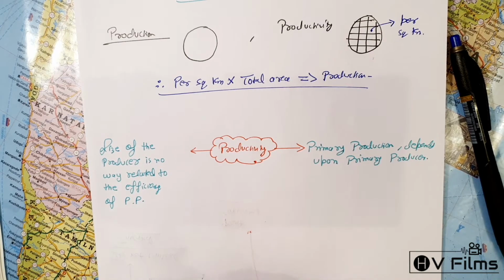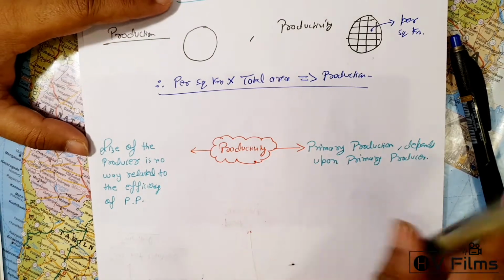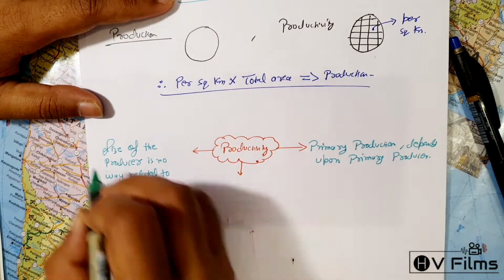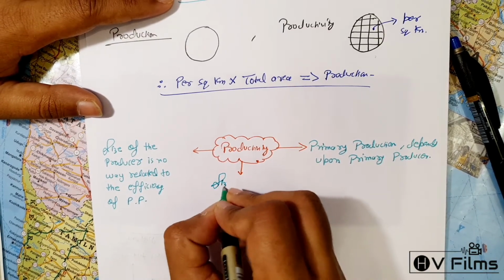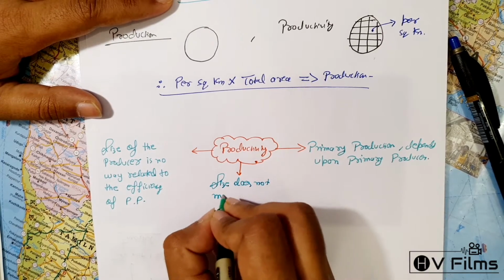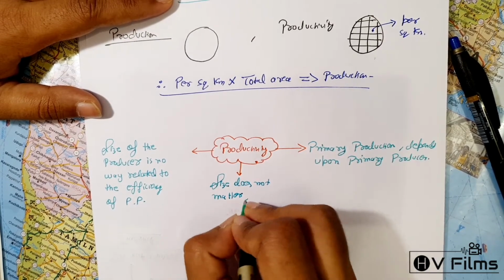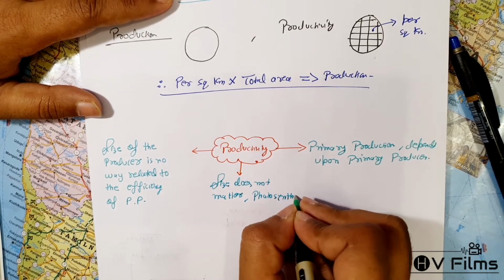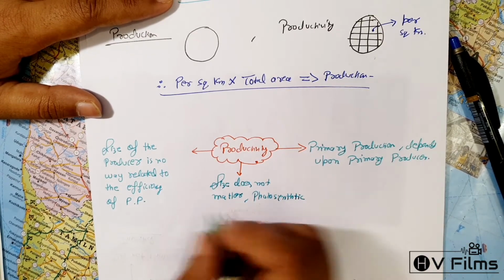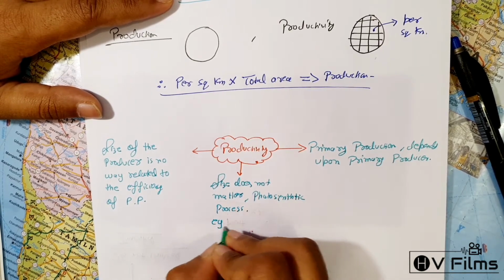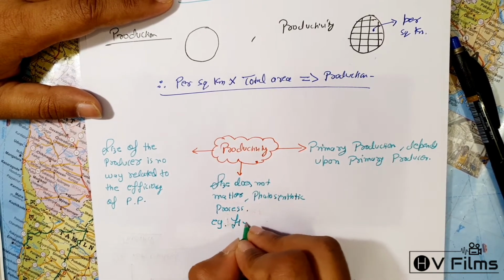Similarly, the size also doesn't matter for the photosynthetic process. So you can add one more point here: size does not matter for the photosynthetic process, and you can give the example of hydrilla.